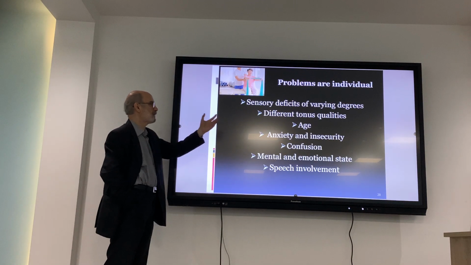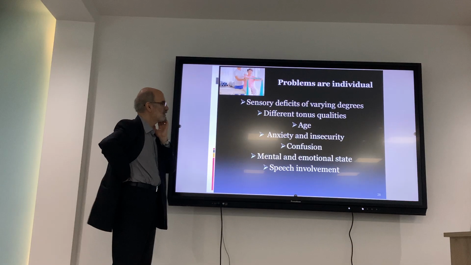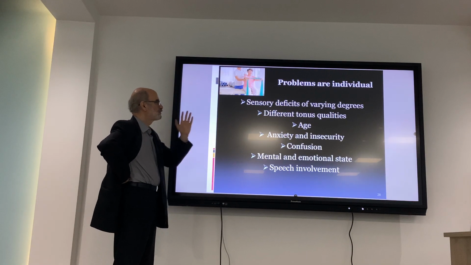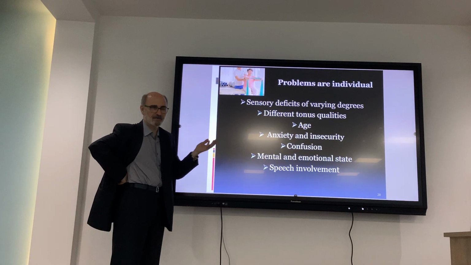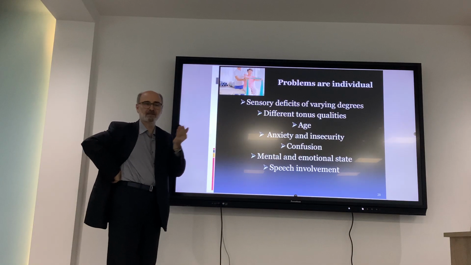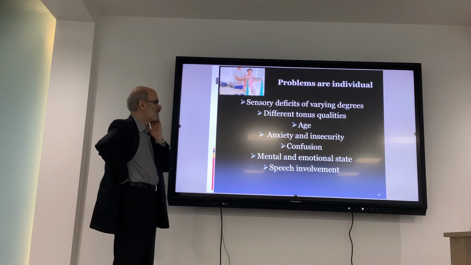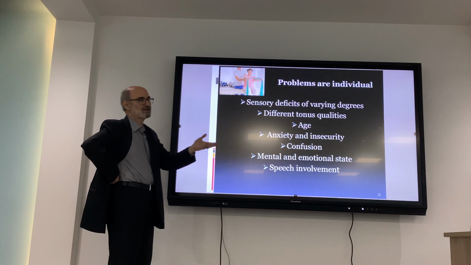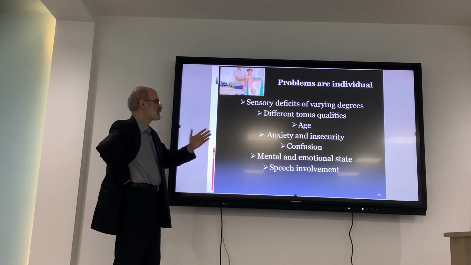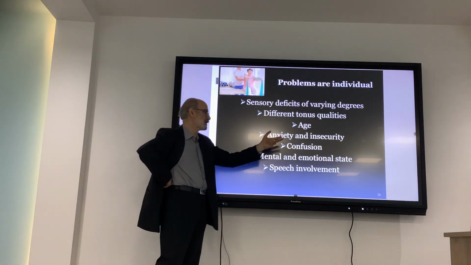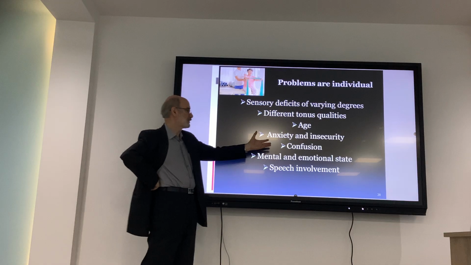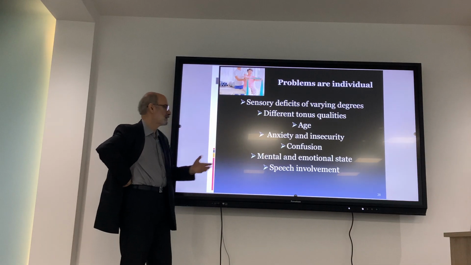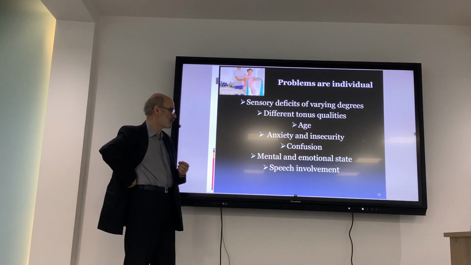Sensory deficits of varying degrees may be observed in people with a stroke. Tonus quality is different when comparing people with a stroke. The age of the patients is different. Some people may suffer from anxiety and insecurity. Some suffer from confusion and have mental and emotional problems.